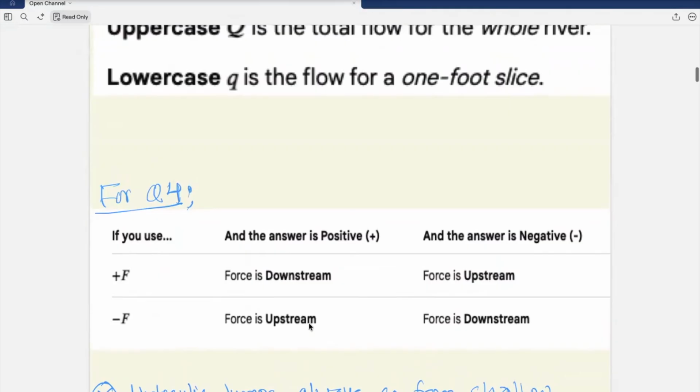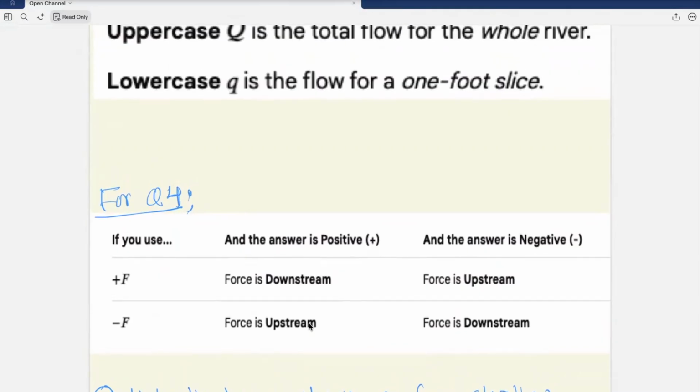And for question number four, I received some questions about taking the positive or negative sign. If you take the resultant force exerted on the wall or ramp as positive in the equation and you get a positive answer, then the force is downstream, whereas if your answer is negative, then the force is upstream.